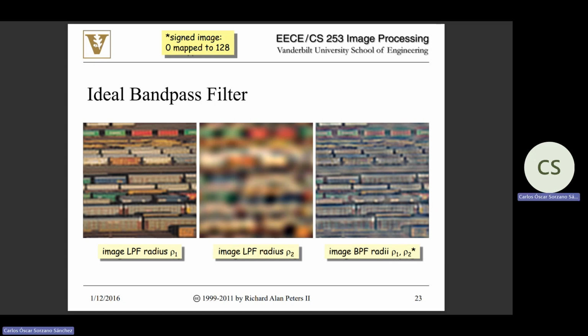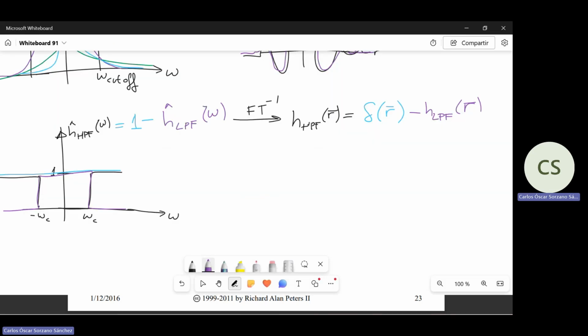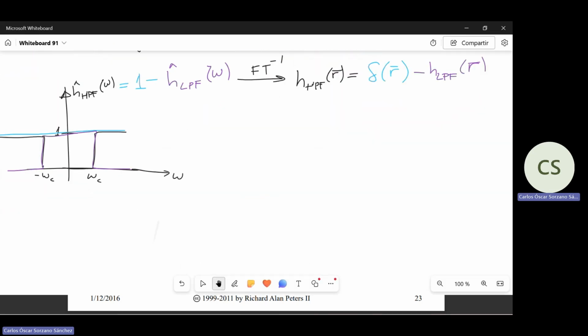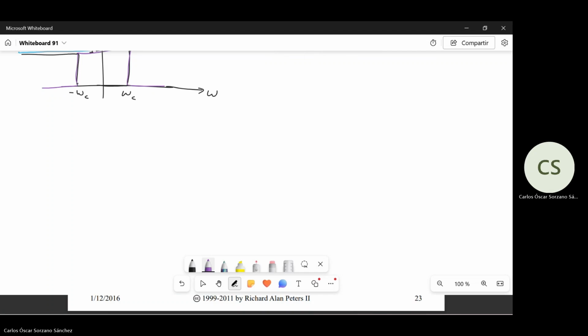Because if we say, let's do it in here, we have constructed our bandpass filter at a given frequency. We say it is H1, that is low pass, call it 1, minus H2.